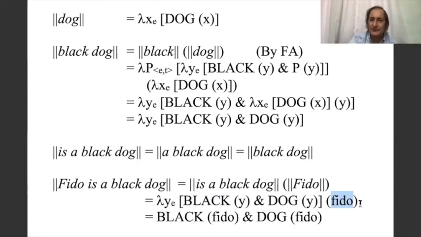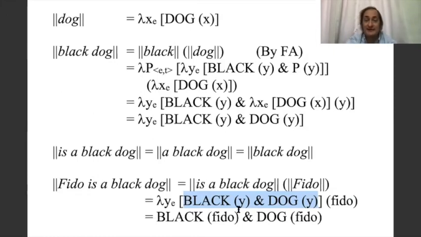And now we have something we haven't seen before, but it's not very different from what we have. This says, find something to substitute for occurrences of y. Find that something out here, make sure it's type E. Fido is of type E, and substitute it for all occurrences of y in here.